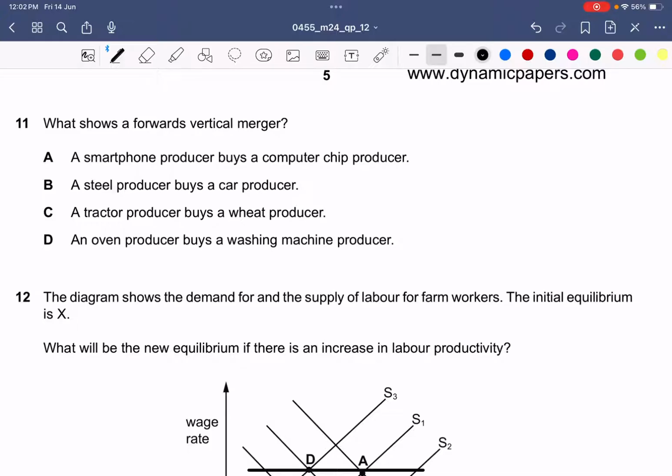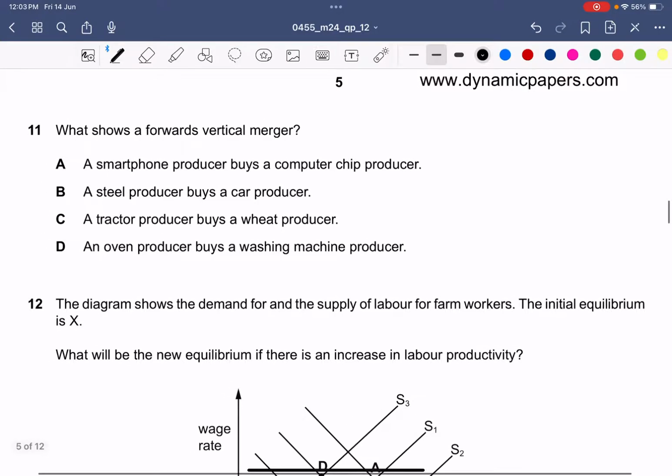So if it's closer to consumer, it's forward. If it's less close, it's backward. So I give you an example. If McDonald's buys a chicken farm, this is the backwards vertical because it is further away from the consumers.